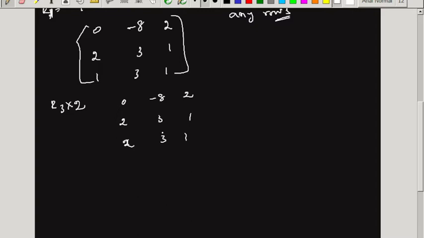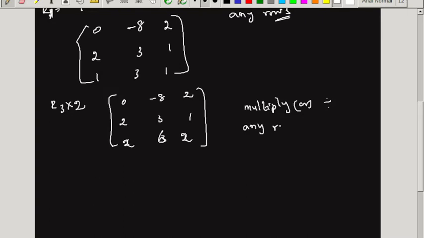So we can multiply or divide any row by a number. These are the things we must remember in elementary row transformation. We are discussing a matrix, not a determinant, so that should be remembered.